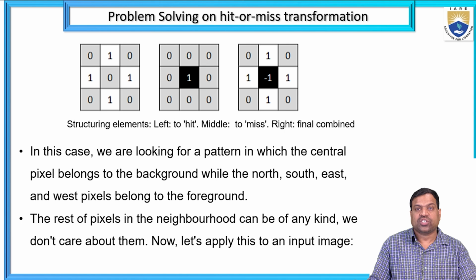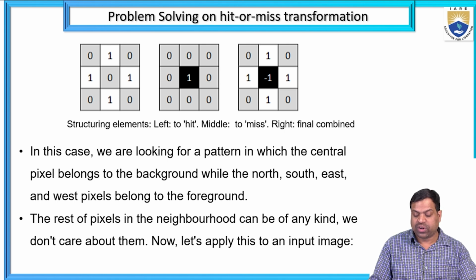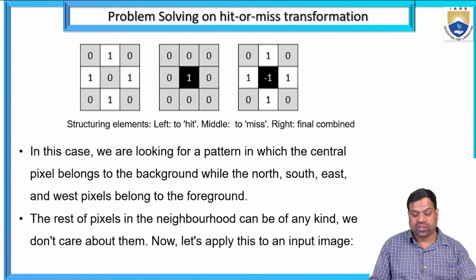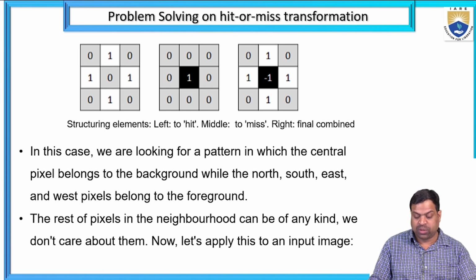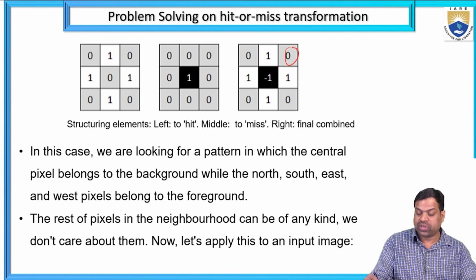Here the structuring elements go left to right: left is the hit, middle is the miss, and the right is the final result. In this case, we are looking for a pattern in which the central pixel belongs to the background while the north, south, east and west pixels belong to the foreground. The rest of the pixels in the neighborhood are don't care.